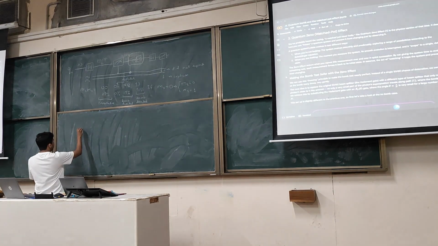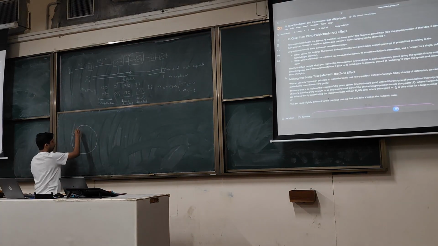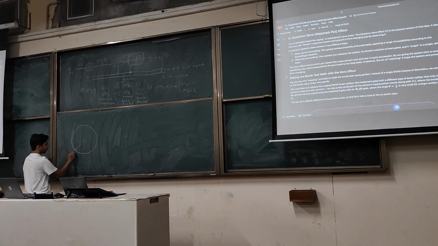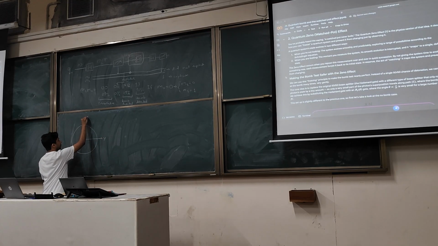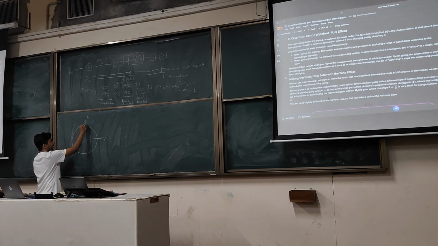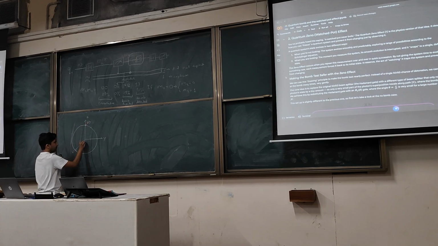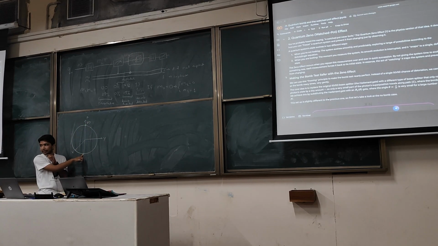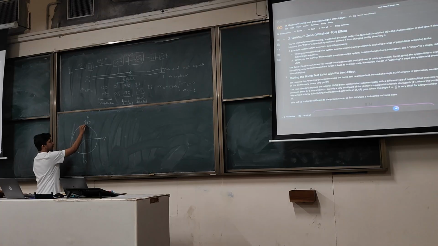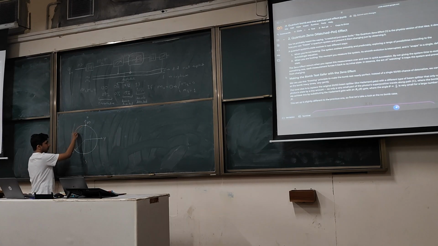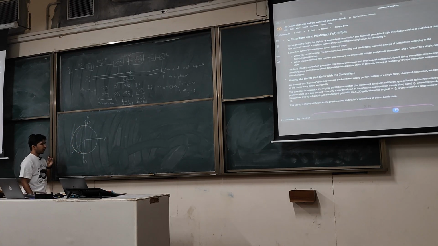So let's say on a Bloch sphere, you start out over here, this is 0. What should be the state at the other end? 1, right. So now you have some process that takes you from qubit 0 to qubit 1.